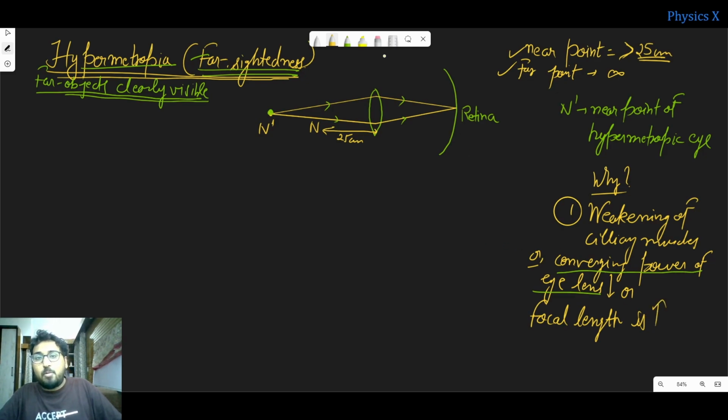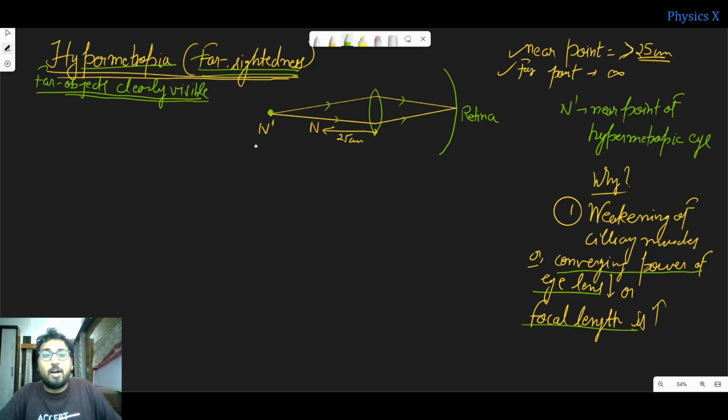My meaning is that as the object is now coming closer, the ciliary muscles must increase the converging power of the lens. Why? As the object is coming nearer and nearer, the lens must become thicker in order to converge the refracted rays at the proper place, that is, on the retina.